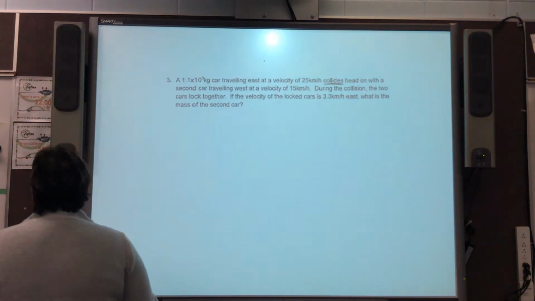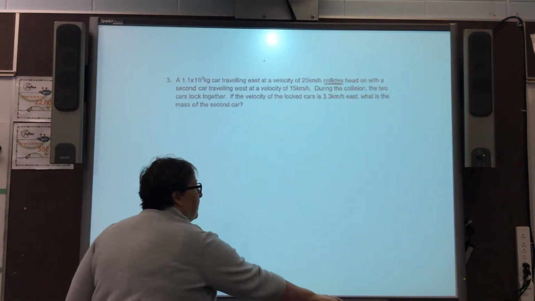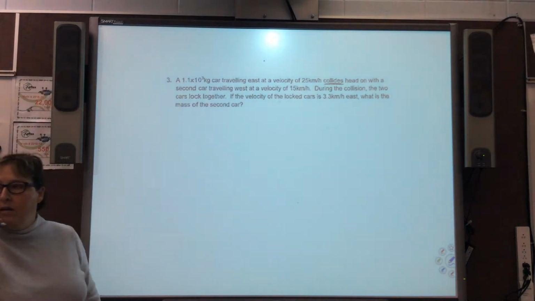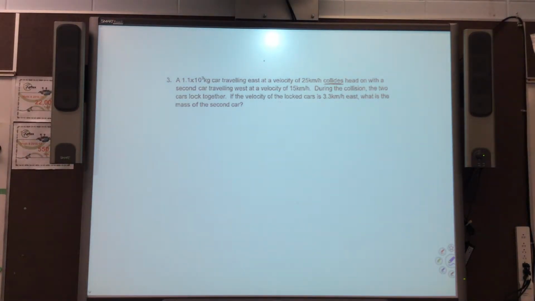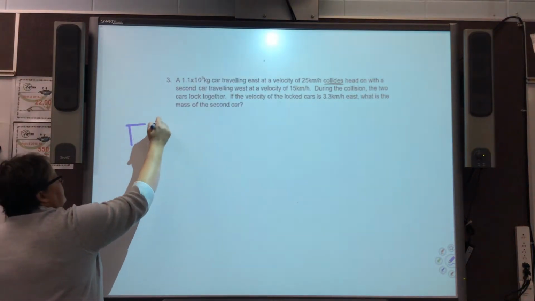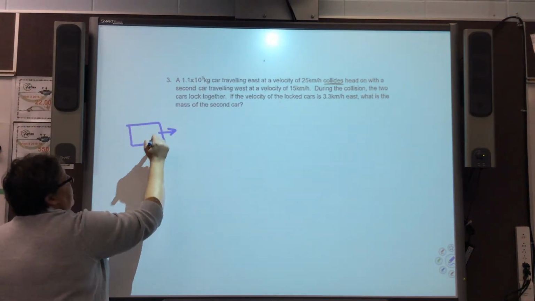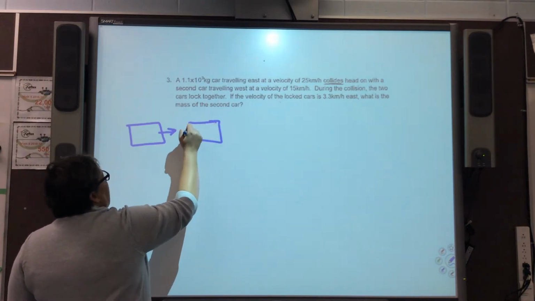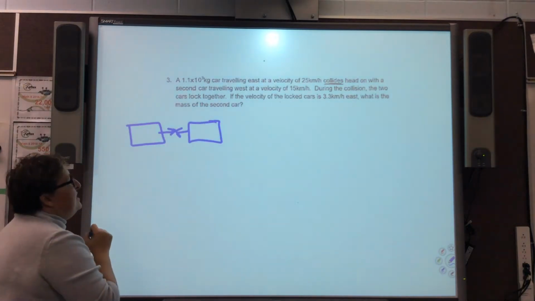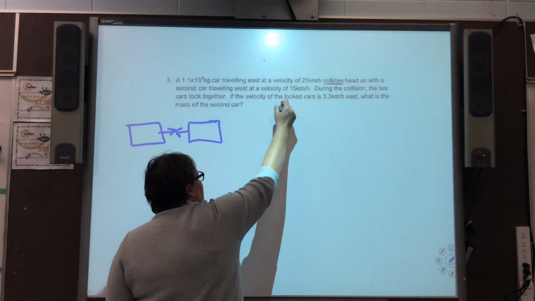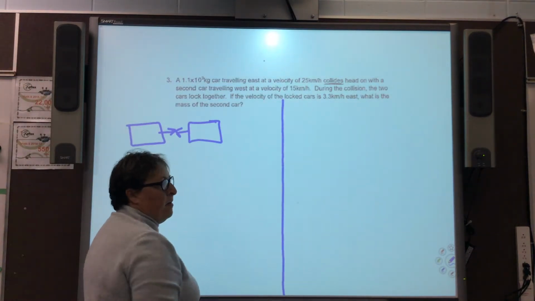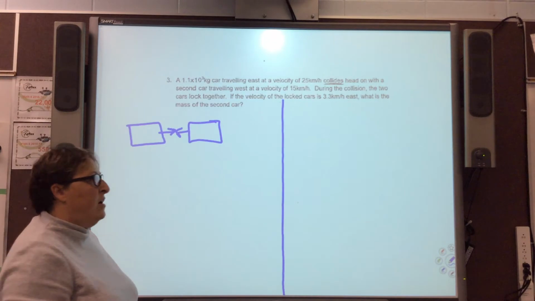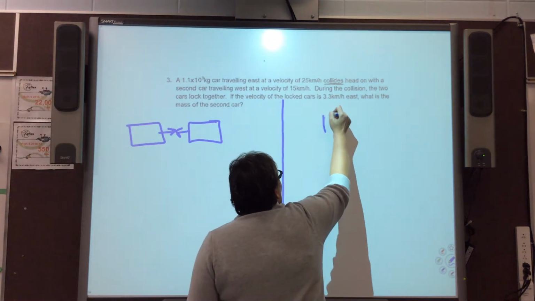So what does our image before look like? Exactly. We have a car traveling east, and we have a second car traveling west. What does the image look like after? They're locked together.